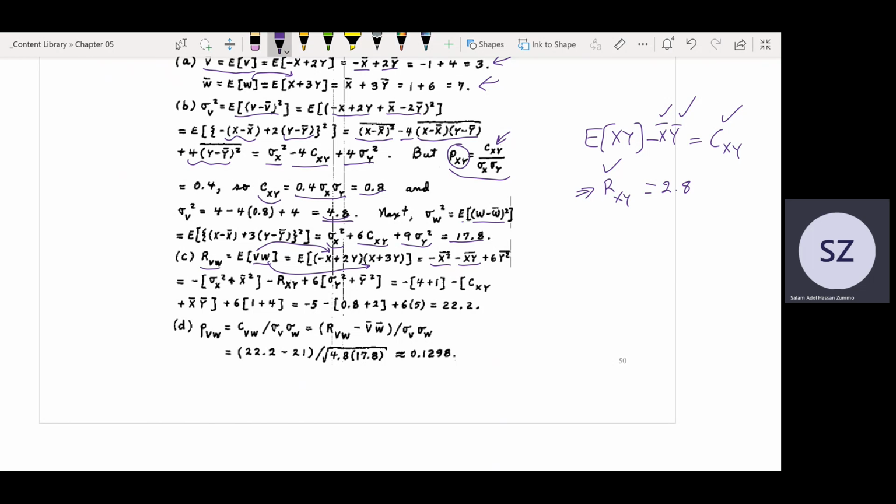So now we have it here. Yeah, it's cxy plus x bar y bar, and we end up with 2.2 as the correlation between V and W. Okay.